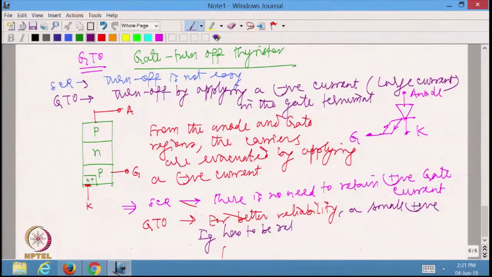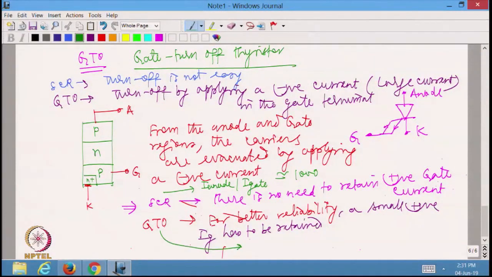This is one problem. Whereas, one more problem is in SCRs, if I look at I anode divided by I gate, this is of the order of 1000. The current amplification is really good in the case of SCR.